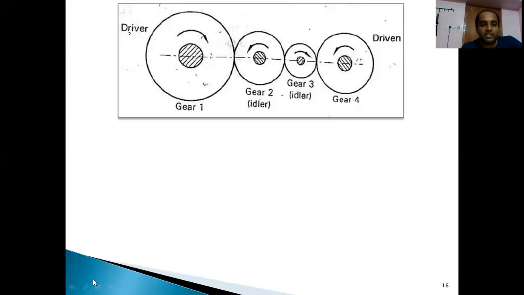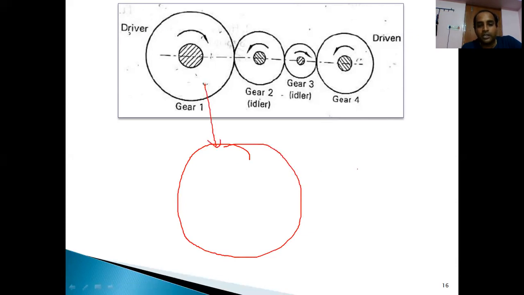But instead of that, if we want to design the gears of a greater diameter, see, this is the driver gear here, which I am showing right now, and this is the driven gear.